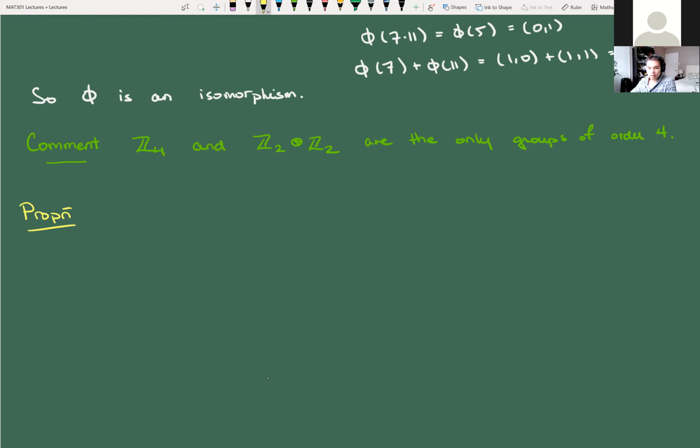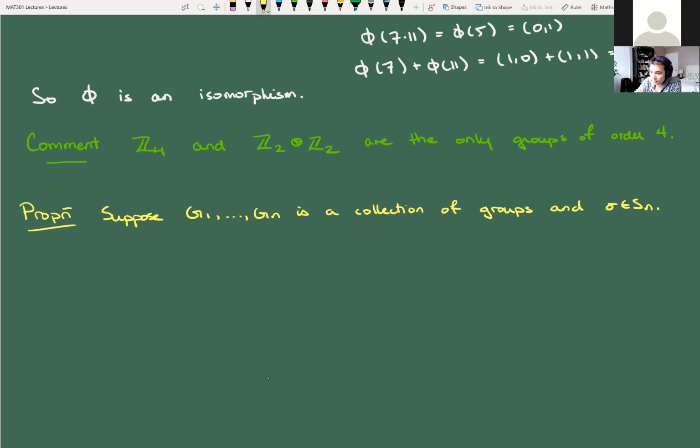Okay, so I want to try and get this result out of the way maybe before we take a break here. And it's going to state as the following. This is, I think, going to be a little bit scary when I write it, but it's not scary at all. Okay, so suppose that G1 through Gn is a finite collection of groups, and sigma is an element of Sn.